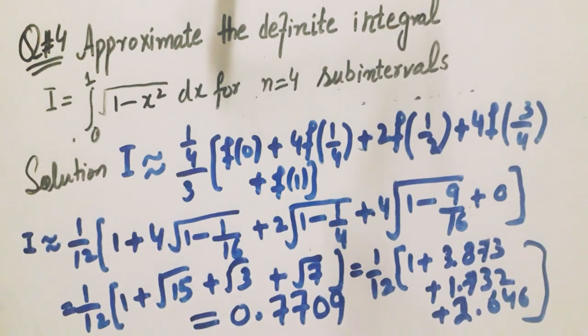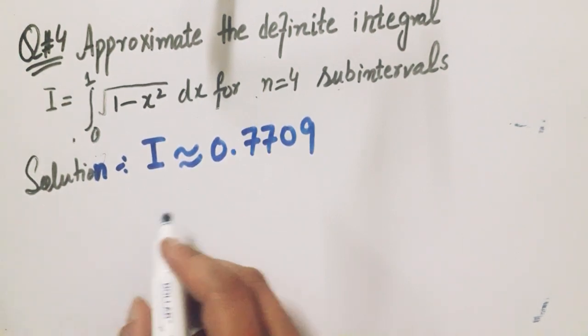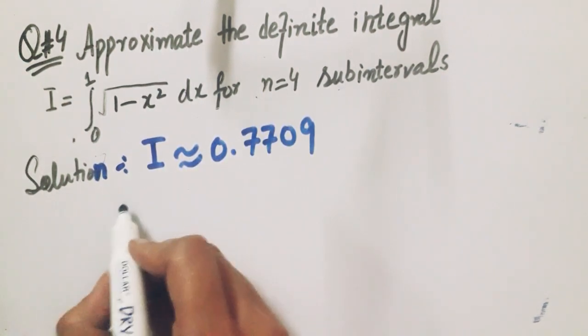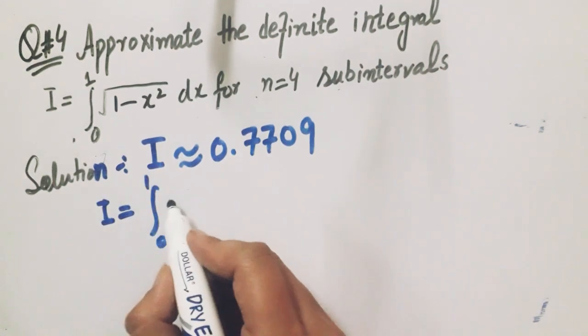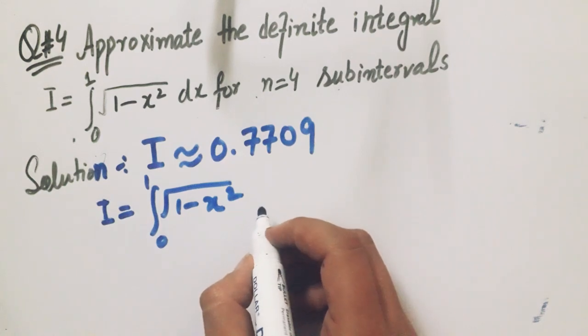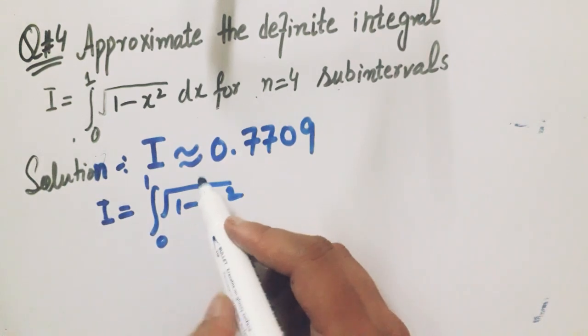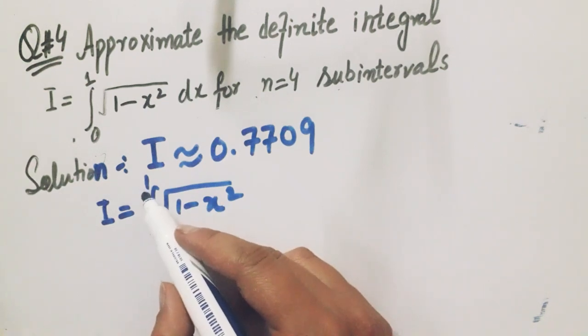Now we will calculate the actual value for this. For the actual value, we will integrate this function. I is equal to the integral from 0 to 1 of square root of 1 minus x square. So this represents the area of a quarter circle with radius 1.